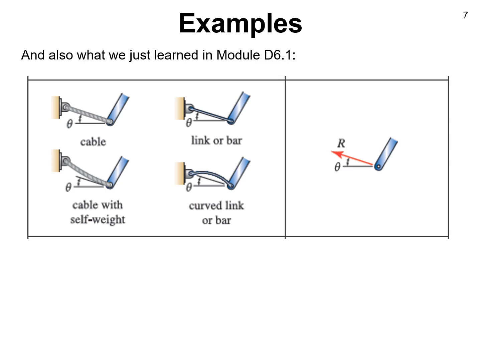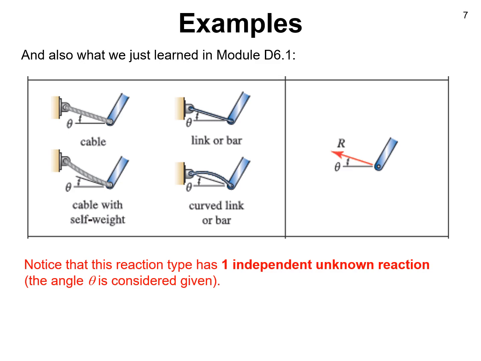Each end is where one force is contacting that connecting element, and we saw that our schematic of the reaction is that those bodies, like the cable or the link, can only exert a force either parallel to themselves or through the line of action of the two endpoints. And notice that this means that these objects give you only one independent unknown reaction. Note that the angle theta is considered given, so theta is not unknown, only the magnitude of the force.